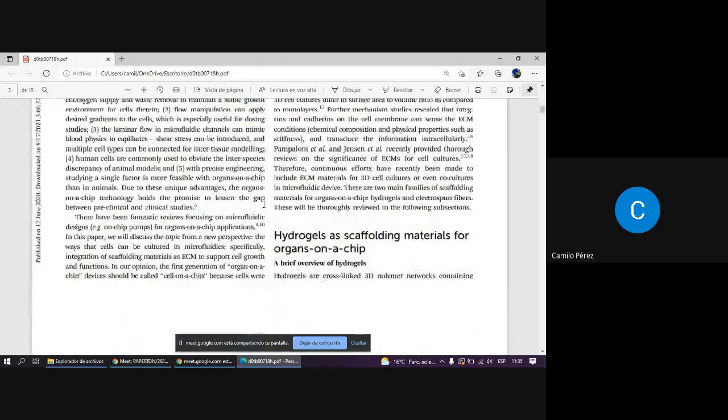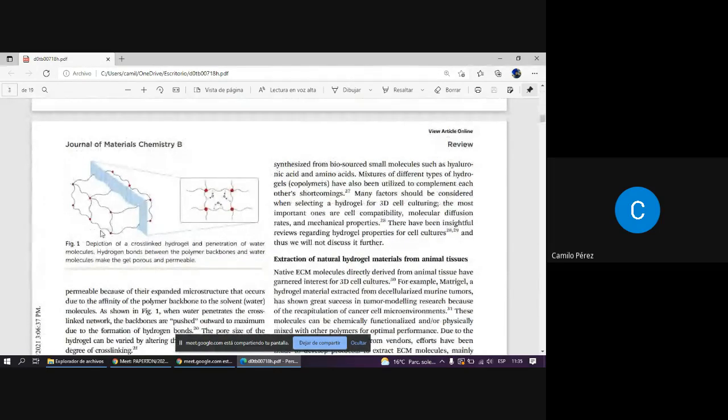For example, in figure one, the script for how to construct a surface with a biomaterial and the biomaterial into the microfluidic device.